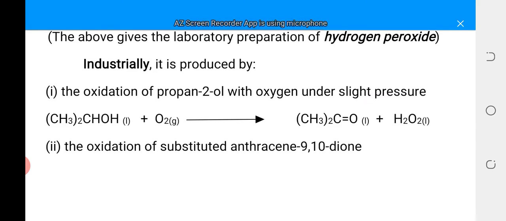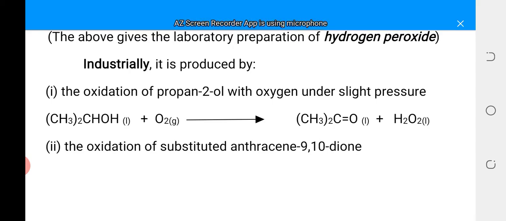So propan-2-ol, CH3CH(OH)CH3 plus O2, giving us CH3COCH3. When that takes place, there will be removal of hydrogen from the propan-2-ol to give us propanone, and hydrogen peroxide will be released. That is the first industrial way of doing that.